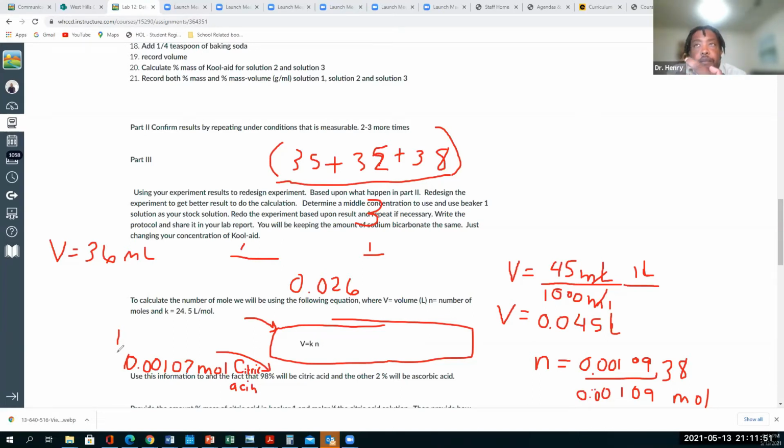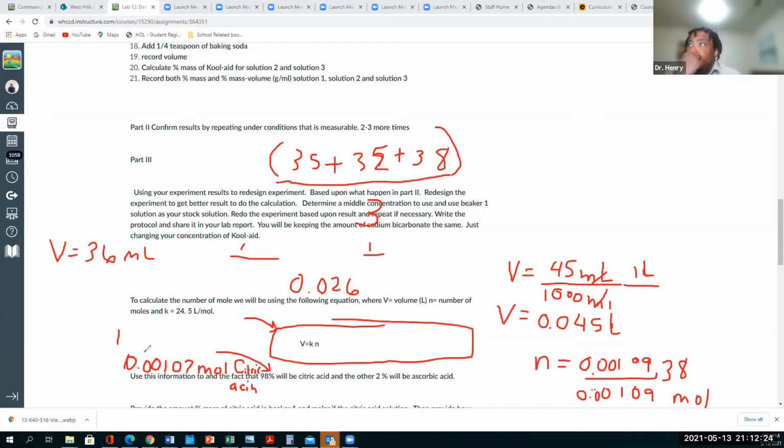Like when we talked about mass percent, the solute was the citric acid, and the solution was the water and the Kool-Aid. So here we want the molarity of the citric acid. So we're going to put moles over liters. So this is how many moles that we have in the volume that you guys actually did.